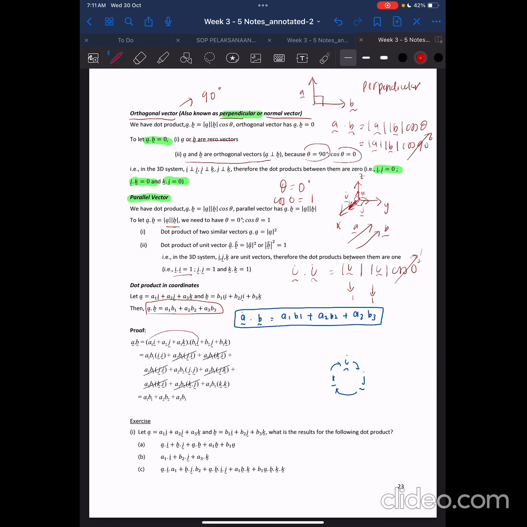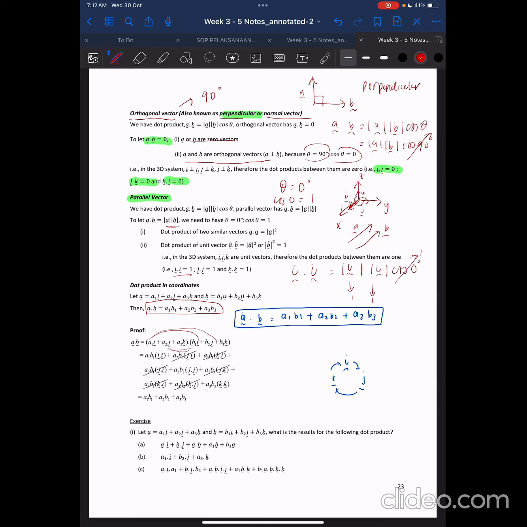So we get first a1 b1, and then vector i dot i, and then we can get a2 b1 j dot i, a3 b1 k dot i, plus a2 b2 j dot j, and then a2 b3 j dot k plus a3 b1 k dot i.